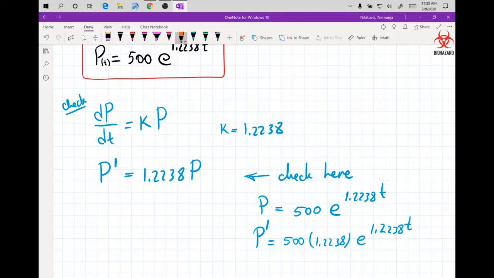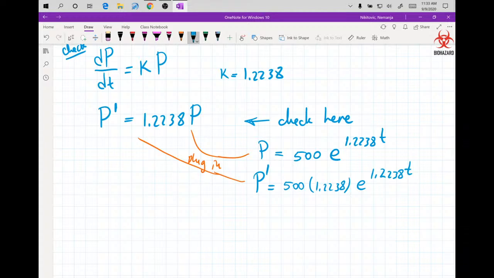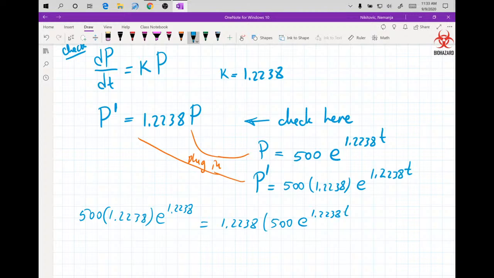And now you plug them in. So the P prime side says 500 times 1.2238, you can compute this if you want to, equals 1.2238 times P, which was 500e^(1.2238t). They're the same, even without computing.